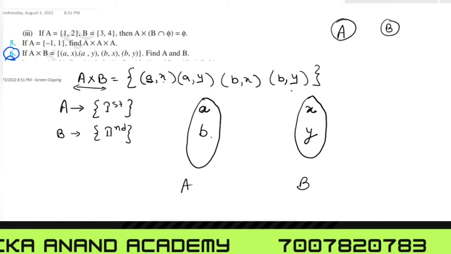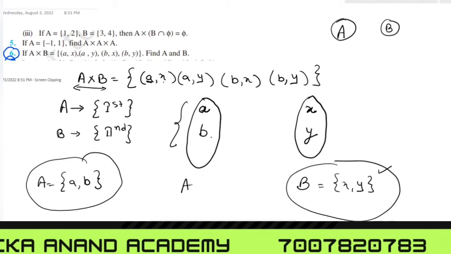B, this is again, and this is Y. So the elements of set A are A comma B. Clear? The elements of set B are X comma Y. It becomes easy to find. That's it, ma'am. That's the answer.